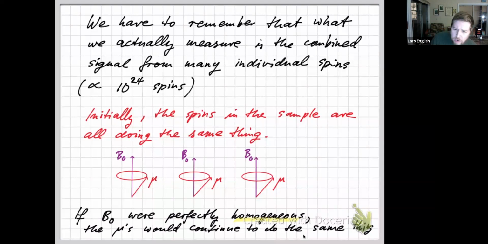But we don't have a perfect homogeneity. So homogeneous just means spatially uniform in this context. There might be some variation in the strength of the magnetic field, B naught. And if you look closely, the way I've drawn it even, the length of those 3 vectors isn't exactly the same.